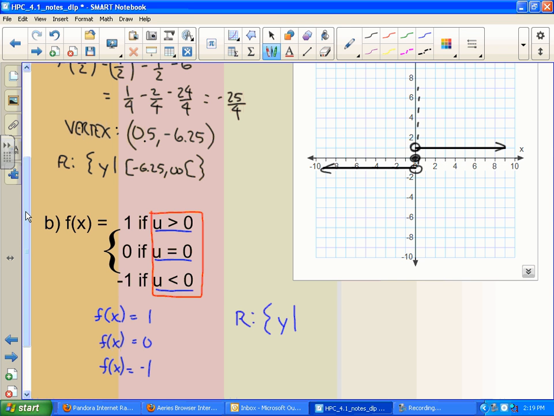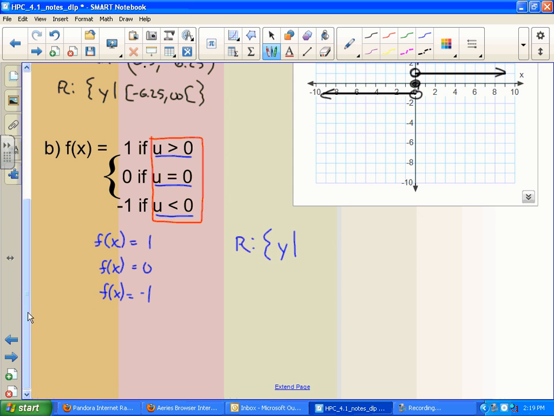So it could be 1, it could be negative 1, but it could also be 0. So we can just write it as y equals negative 1, 0, 1. So there's my range. It's specifically just those values.